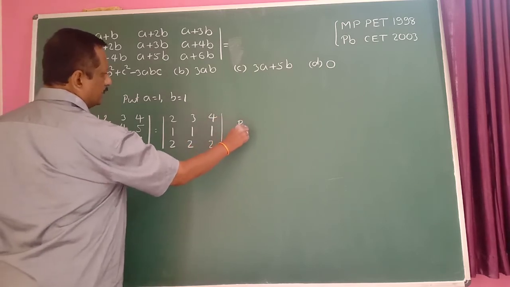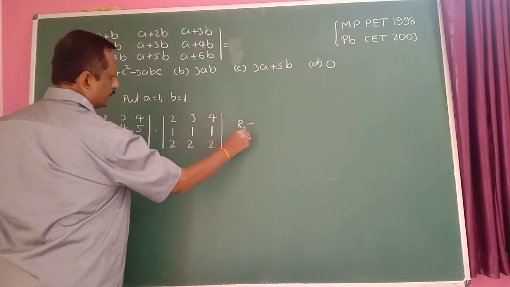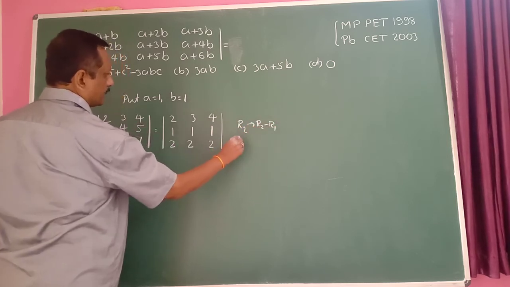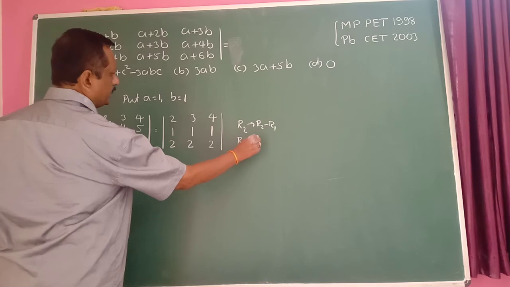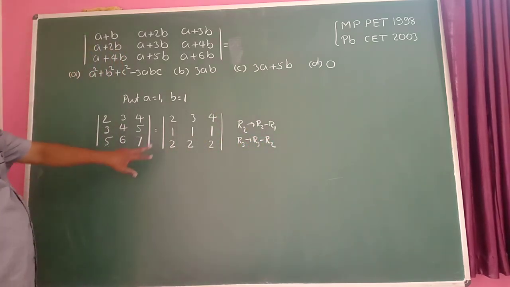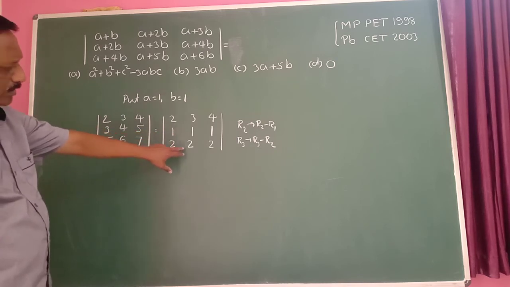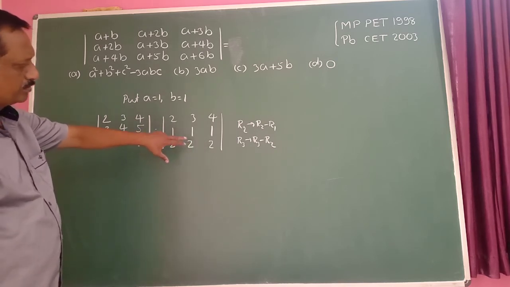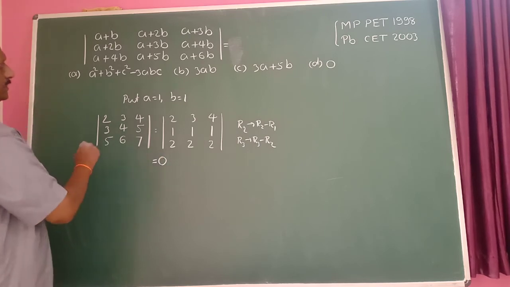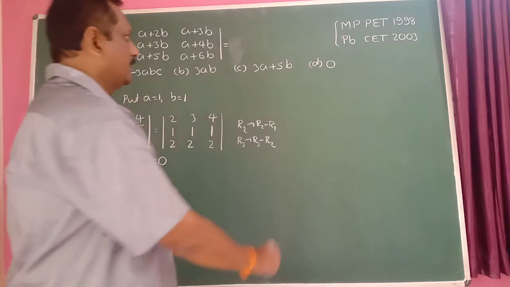Therefore, here R2 gives R2 minus R1 and R3 gives R3 minus R2. Here, if you take two common factor here, then two rows are identical here. Hence, value of the determinant becomes a 0 here. Therefore, D is the correct option here.